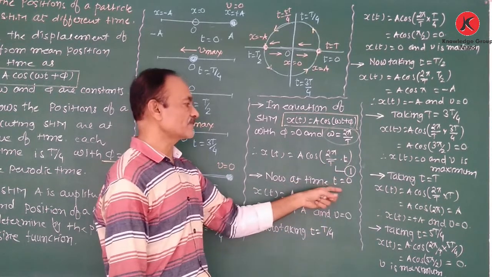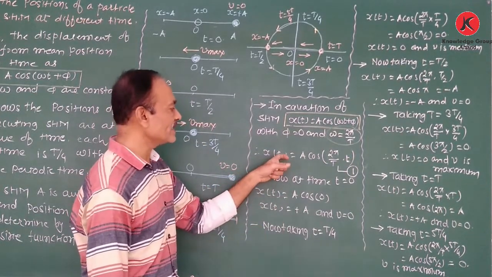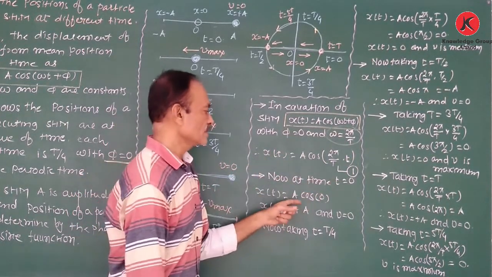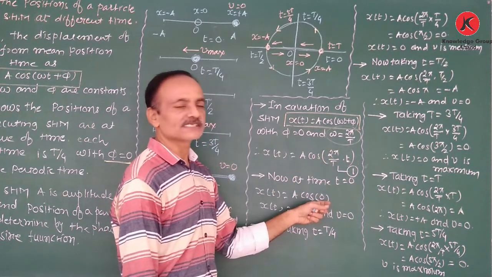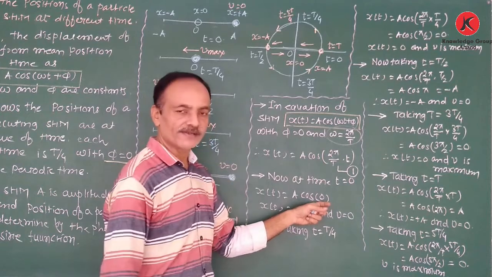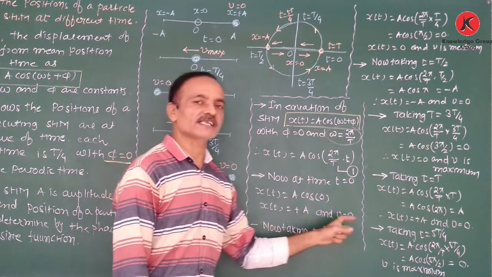So first we substitute t equal to 0 in this equation. Therefore x at time t equal to 0 is equal to a cos(2π/T × 0). That means 0. Cos 0 is 1. Therefore x(t) is equal to plus a and velocity is 0.